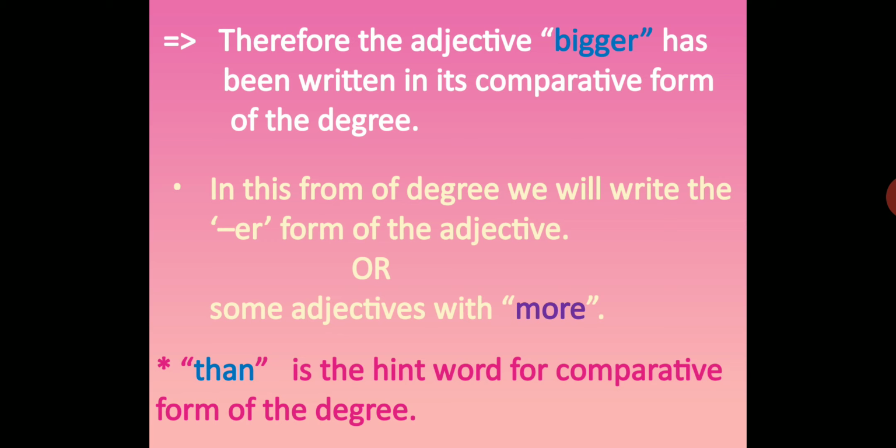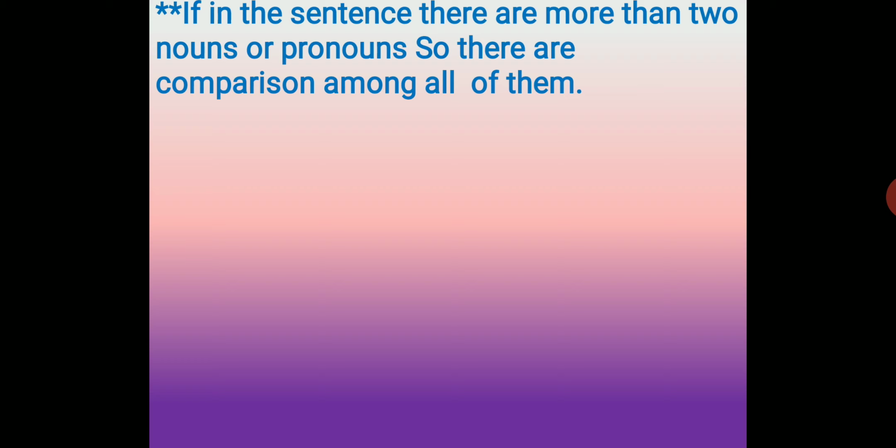So when than is available in the sentence, we will write the adjective in its comparative form. Understand? I hope you understand the comparative form properly with the example and this explanation. Let's move on to the next kind of degree, the superlative degree.